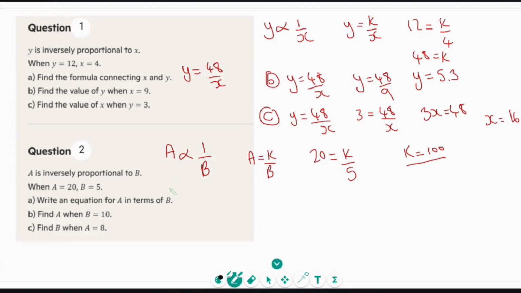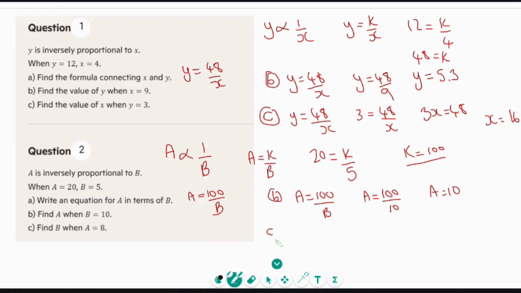So our equation for A in terms of B, A is equal to 100 over B. Okay, part B, find A when B is 10. A is 100 over B. B is 10, so A is 100 divided by 10. A is simply 10.